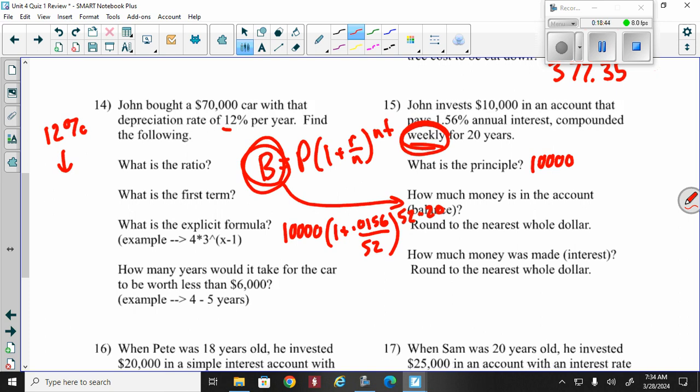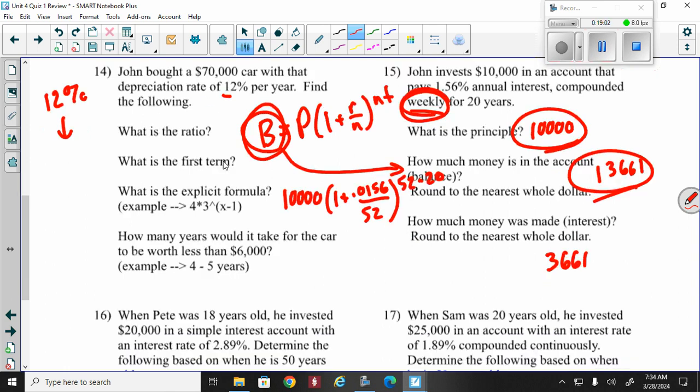I'm doing this very fast, so I hope it's going to work out. So it ends up being 13,661. So if I started with 10,000, I now have 13,000. How much did I make? Well, I made 3,661.